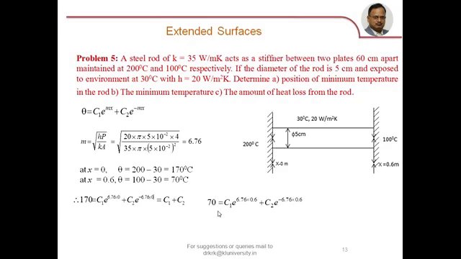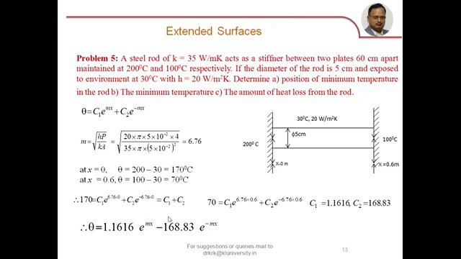The other equation is 70 equals C1 e^(m × 0.6) at the other end plus C2 e^(−6.76 × 0.6). By solving these two equations, you will get C1 is 1.16 and C2 is 168.83.